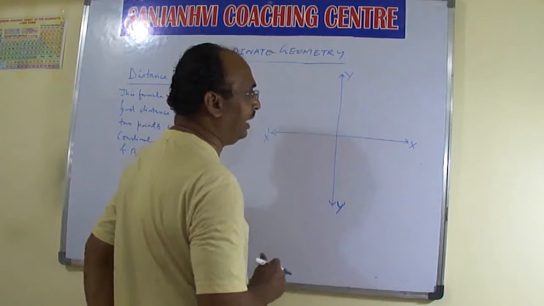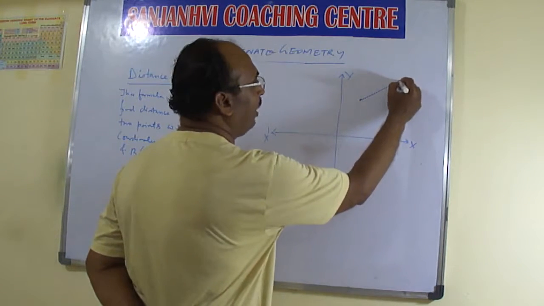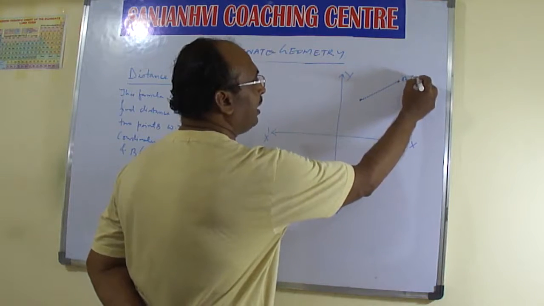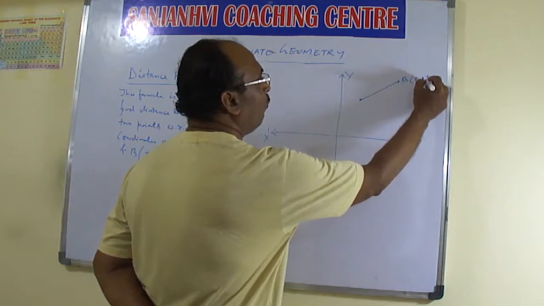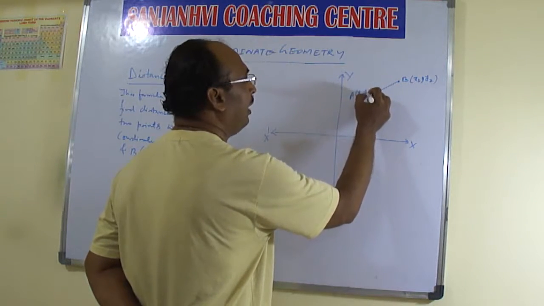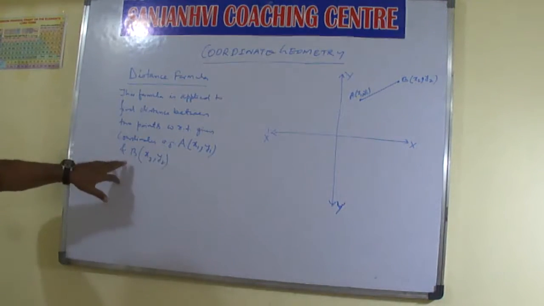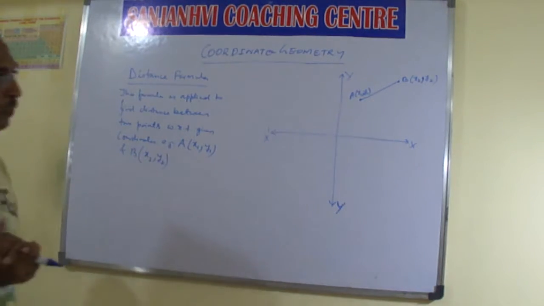Now suppose any point A is there and another point B is here. So this is x2 and y2. This point A is there at x1 and y1.